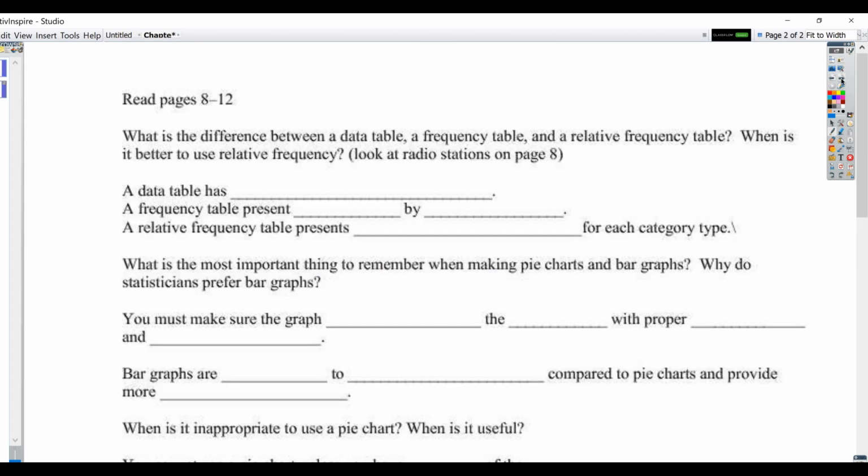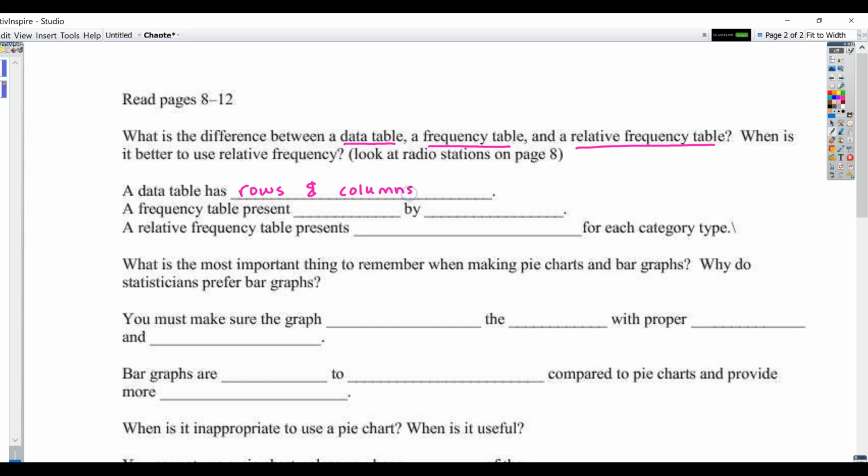Okay, so what is the difference between a data table, a frequency table, and a relative frequency table? These are the three things we're looking at here. When is it better to use relative frequency? And then we're going to talk about an example on page 8 of the book. Okay, so a data table has rows and columns.